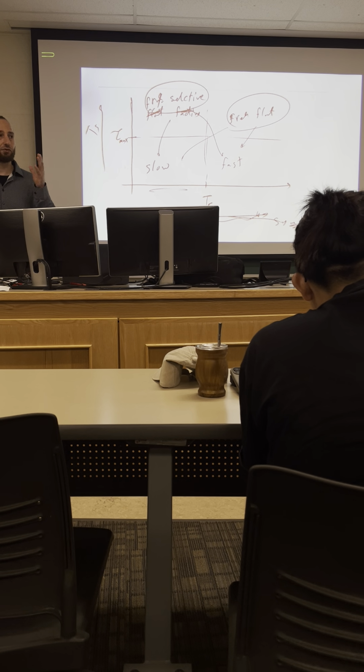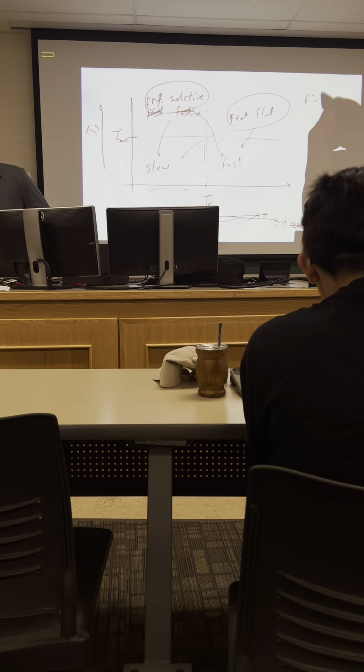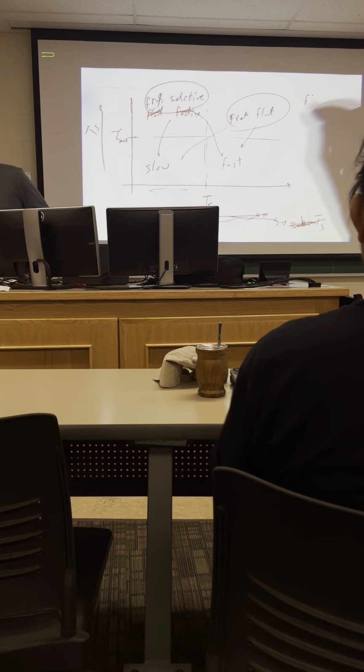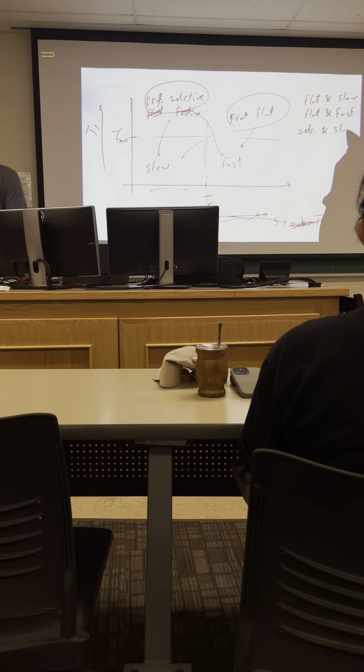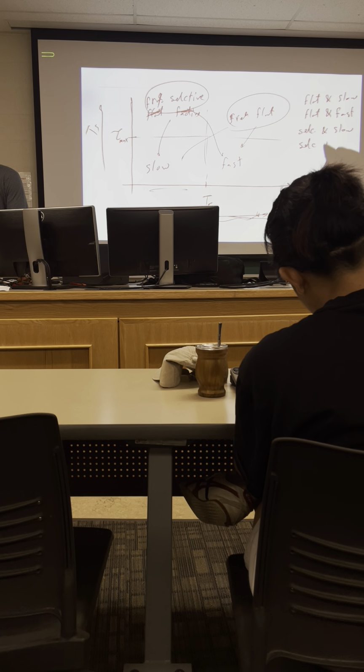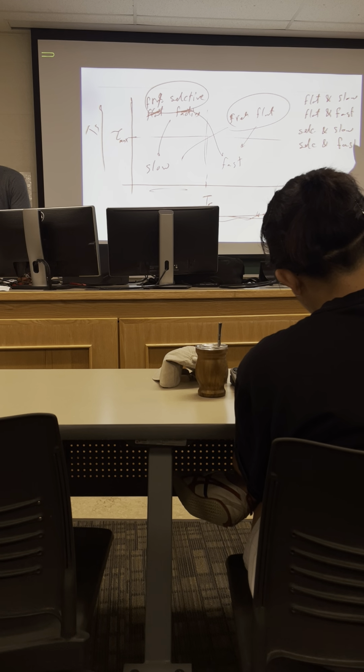Because I have four possibilities, right? I might have flat and slow, I might have flat and fast, I might have selective and slow, I might have selective and fast, right?